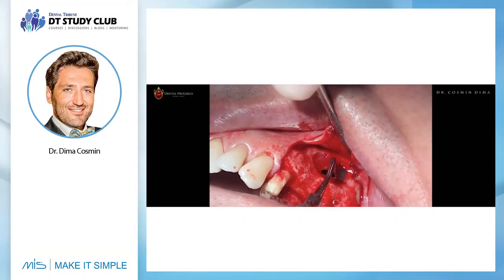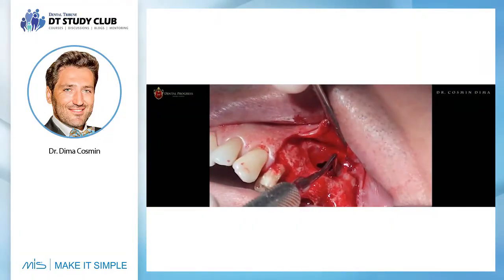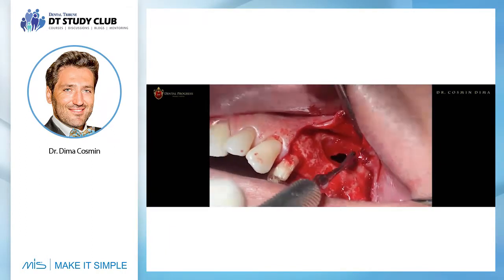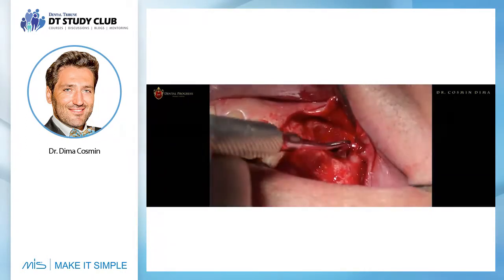After that we can start the Schneiderian membrane detaching. Like I told you, distally, crestally, distally, and then mesially.